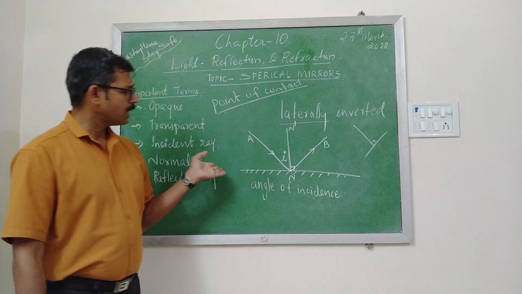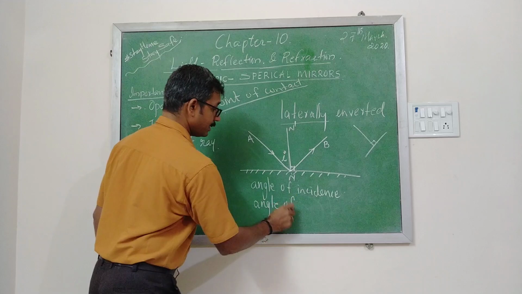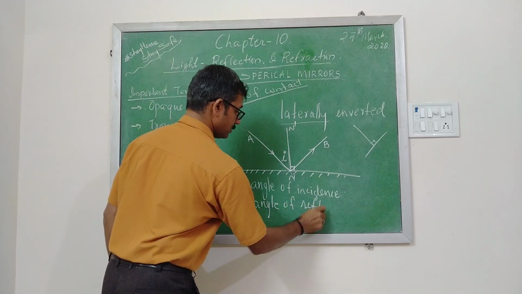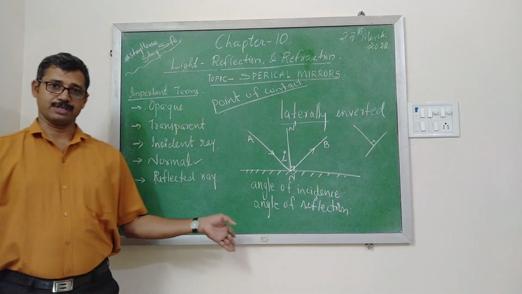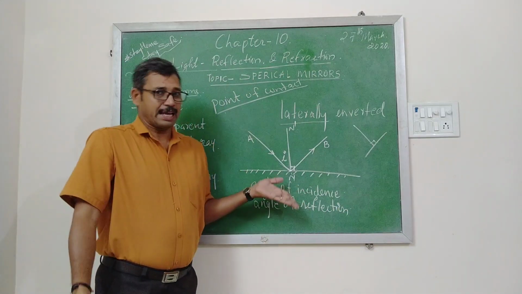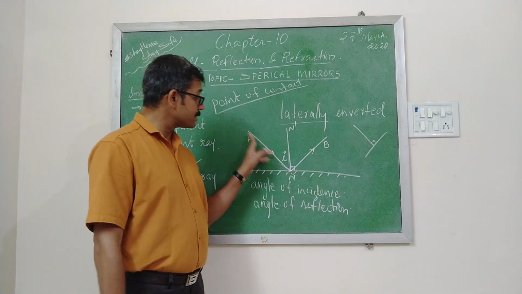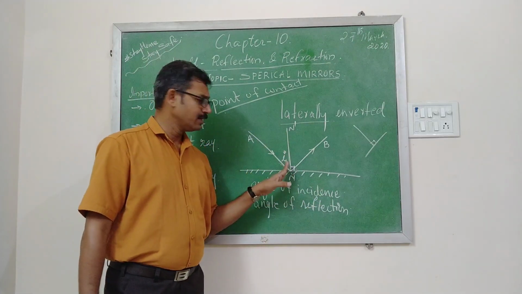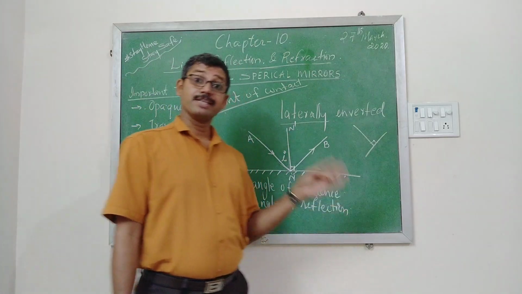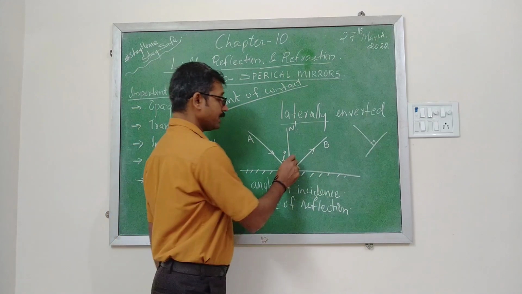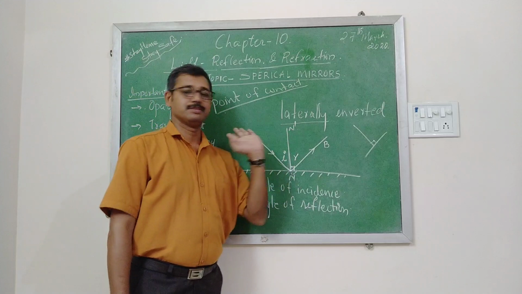Now the angle of reflection. What is the angle of reflection? Just as the angle of incidence is the angle between the incident ray and the normal, you can easily understand that the angle of reflection is the angle between the reflected ray and the normal.